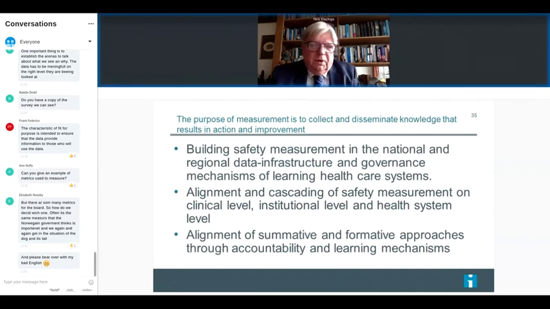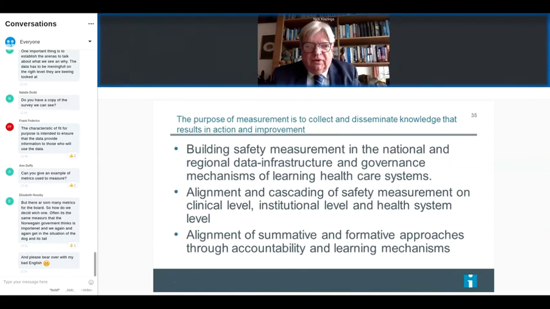So when I pick one of the principles, the purpose of measurement is to collect and disseminate knowledge that results in action and improvement. From a system perspective and in reports of the OECD, that means that safety measurement should be embedded in national and regional data infrastructures and governance, and should be aimed at learning.